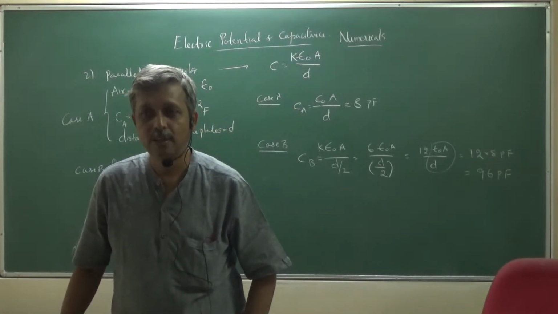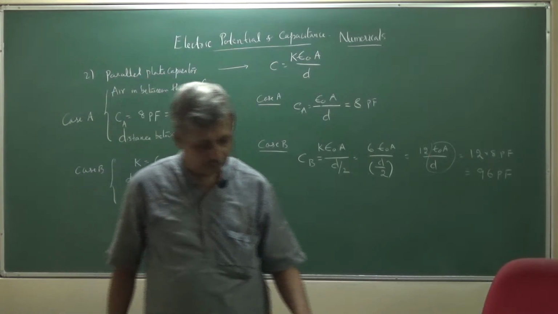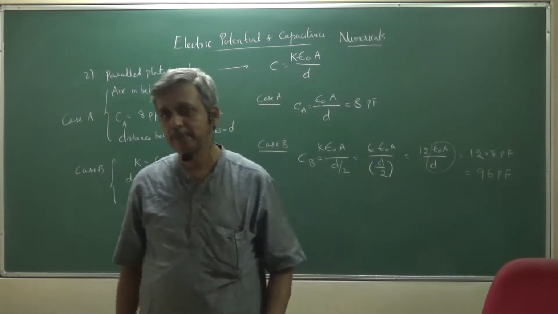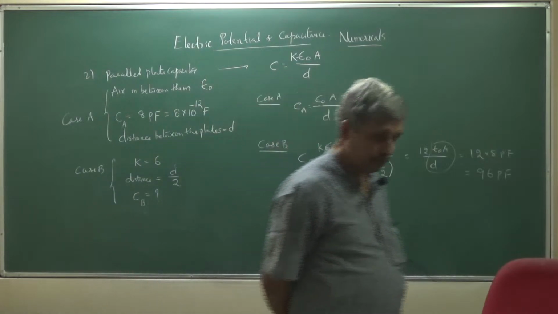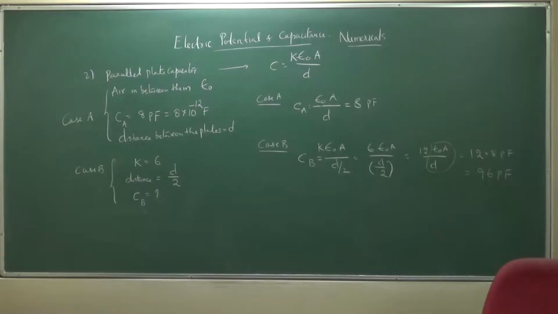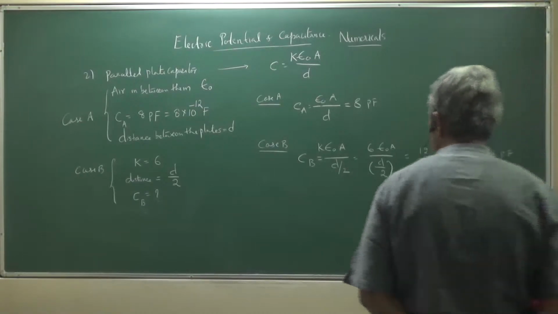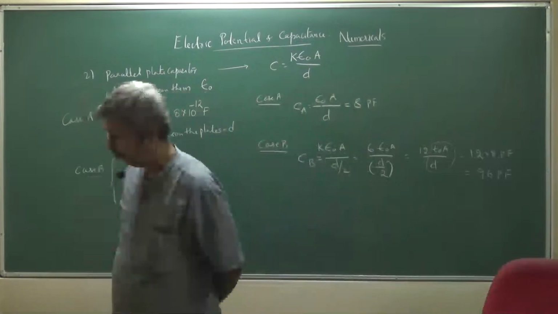This is basically the first simple problem of the capacitor. Write it down, and I will give some space. You can take a snapshot if you want to. Okay, so let's go to the next problem.